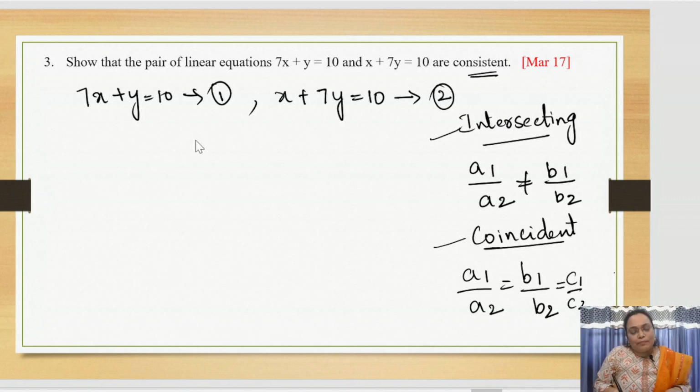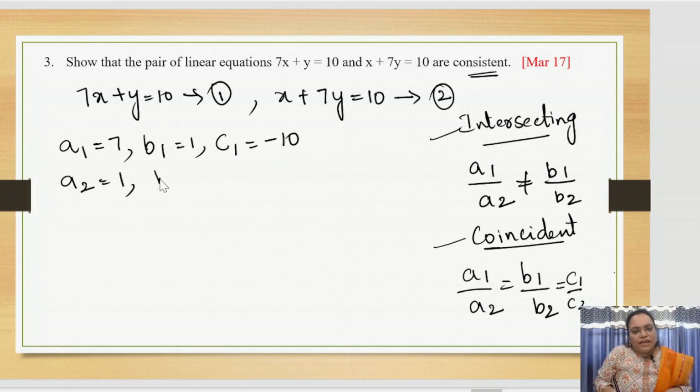By comparing them with the general form, you will get A1 is equal to 7, B1 is equal to 1, C1 is equal to minus 10, A2 is equal to 1, B2 is equal to 7 and C2 is equal to minus 10. So what is the first condition?